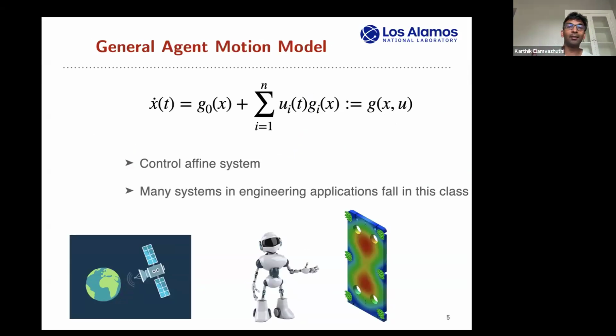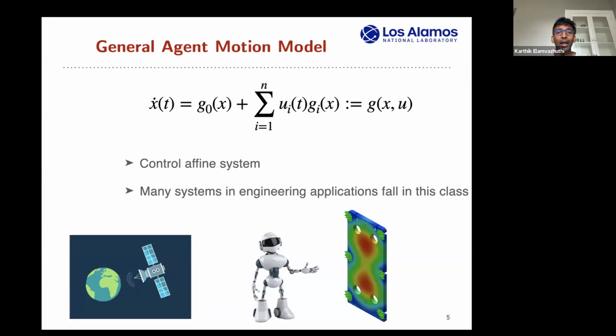So I showed you an example of a model that we would like to consider, the unicycle model. But the method that I'm going to present applies much more generally to a class of models called the control affine class. And this class covers a lot of important examples from applications such as robots, satellites, thermal heat plates, what have you.